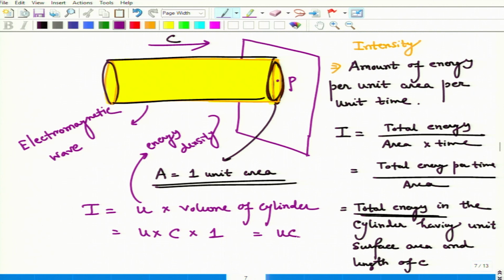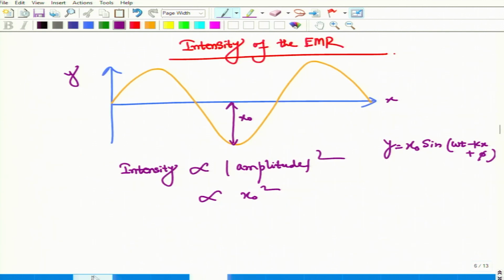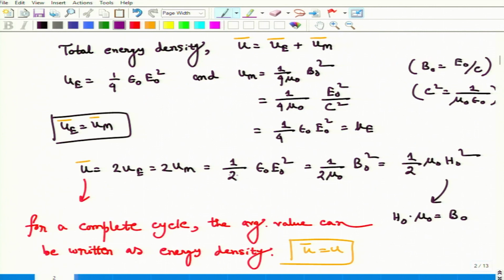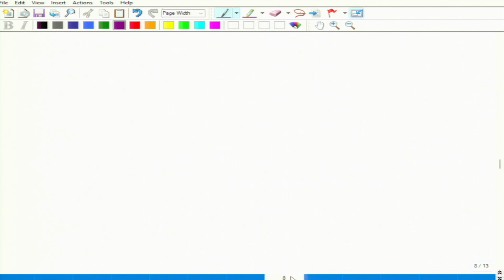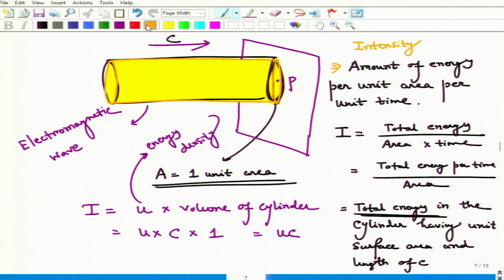So intensity should be u into c, and we know the form of u. So I should be 1 by 2 epsilon naught c E naught square, which equals 1 by 2 mu naught, again c multiplied, B naught square.